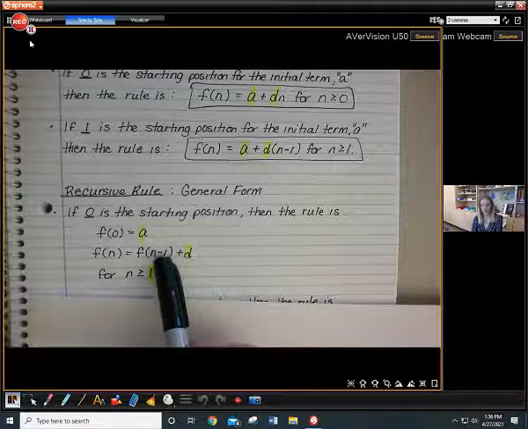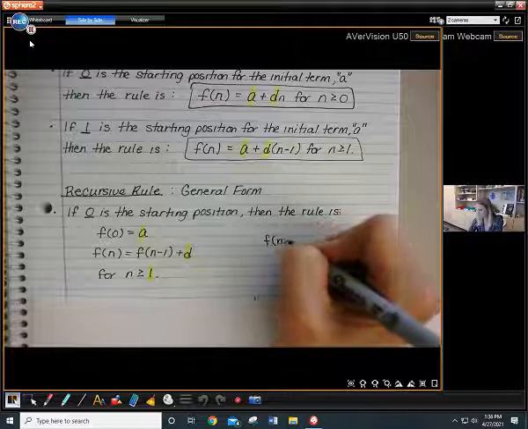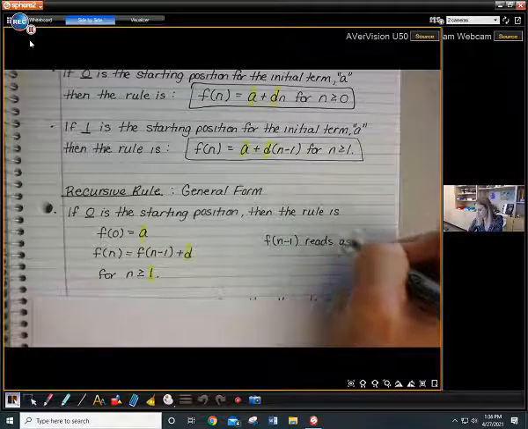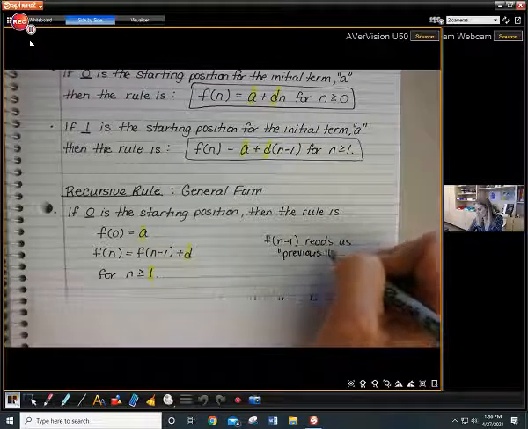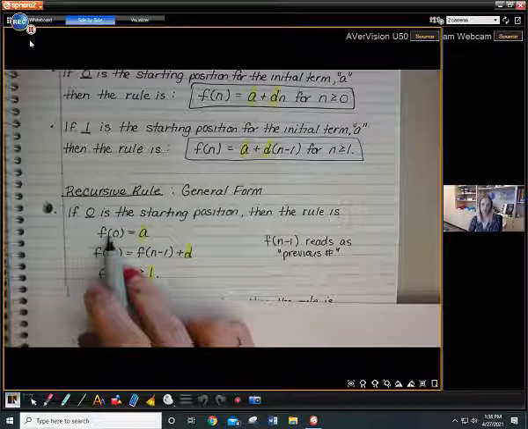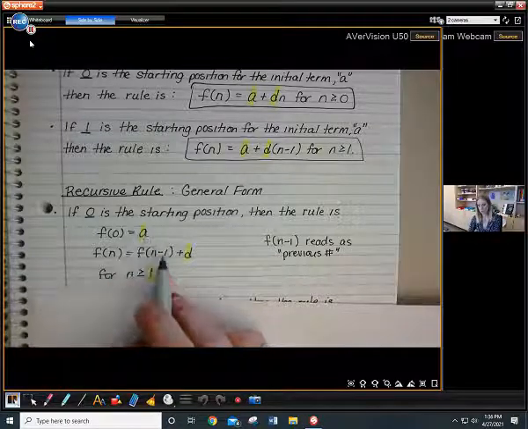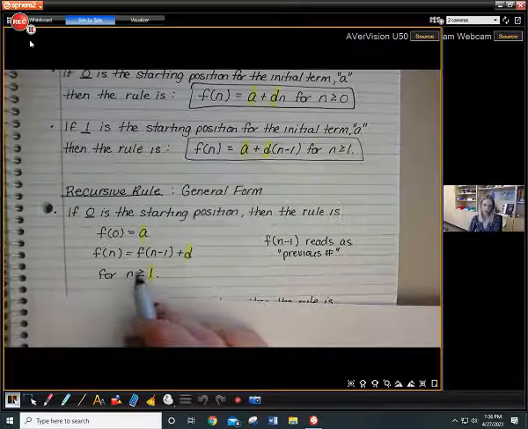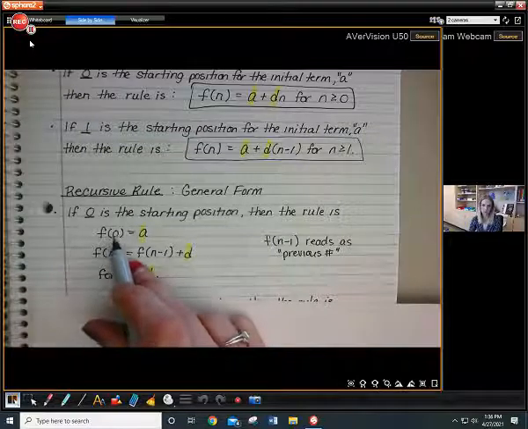So f of n minus 1 reads as the previous number. So the first spot in the sequence is this number, and to predict any future numbers, I'm going to take the previous number plus the common difference, for n's greater than or equal to whatever number this is. This number will be one more than that number.